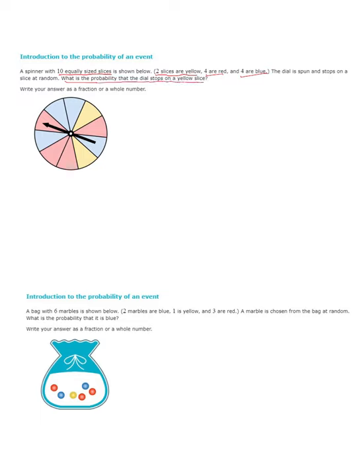So it could land on any of these 10 slices. My sample space is those 10 slices. That's going to go on the bottom of my fraction, and there are only 2 yellows. So there's 2 out of those 10 chances. Write your number as a fraction or a whole number. You could leave it as 2 over 10, or you could reduce that to 1 over 5. Probability is a 1 out of 5 chance that that's going to happen, or a 2 out of 10 chance.